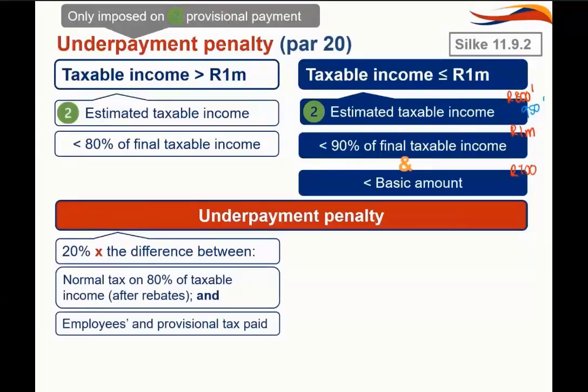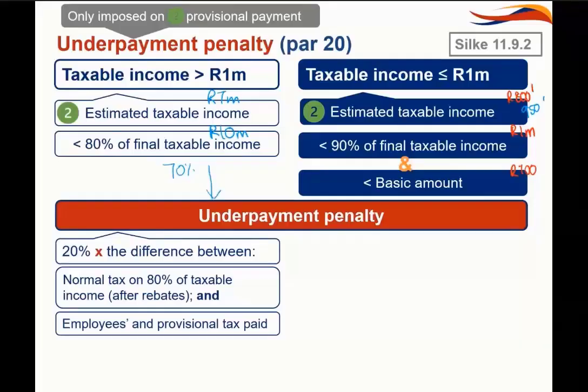Okay, and any employees or provisional tax that has been paid. So let's go back to our 10 million example. So we said our estimated taxable income here, we went with, let's say, 7 million when our final taxable income should have been 10 million. Therefore, we are sitting at 70% estimate, and we will be subject to an underpayment penalty.